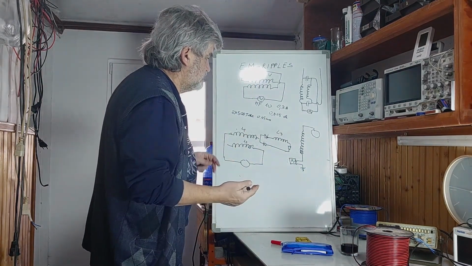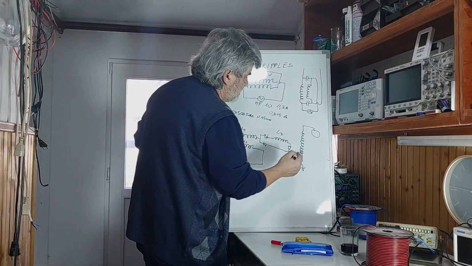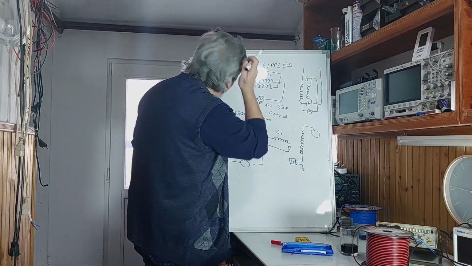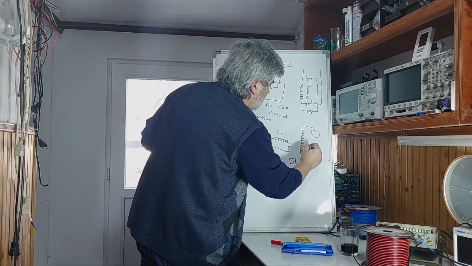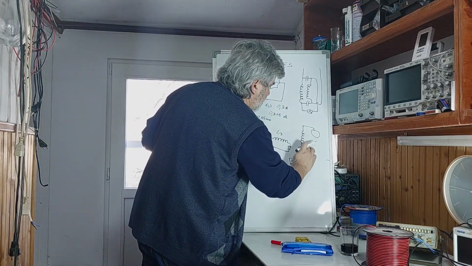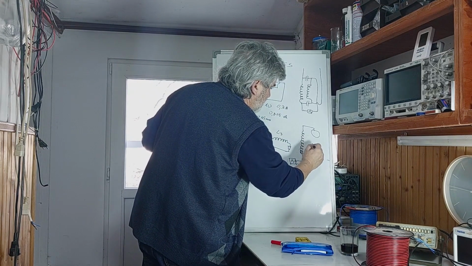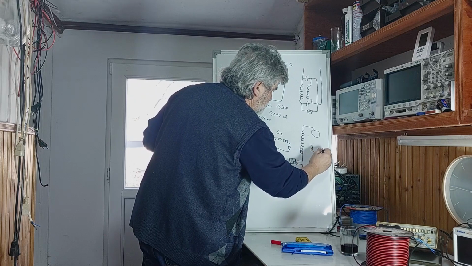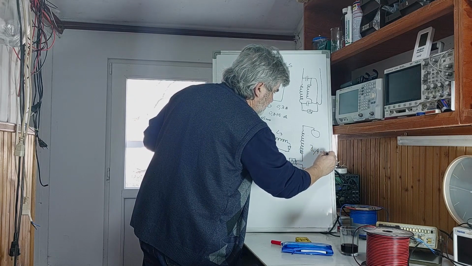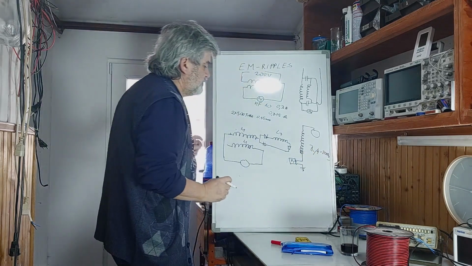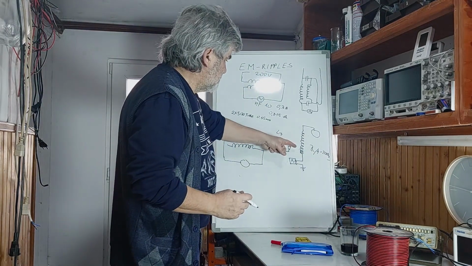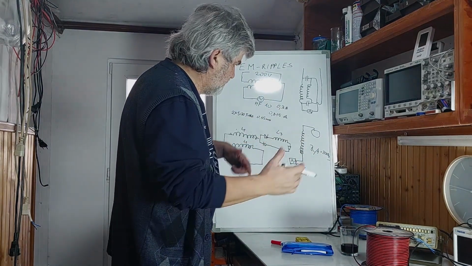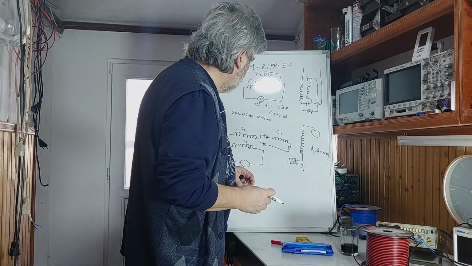Like an elevated capacitor. If it is a 100-meter wire, the quarter lambda will be roughly, in reality, about 200 kilohertz, because 100 meters is 4 times higher.